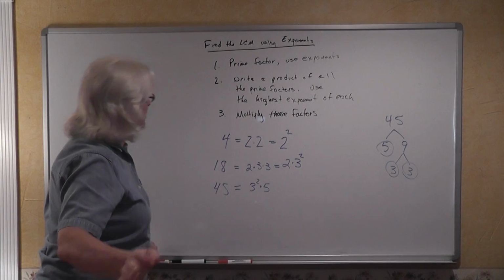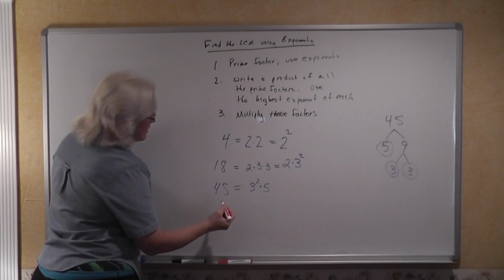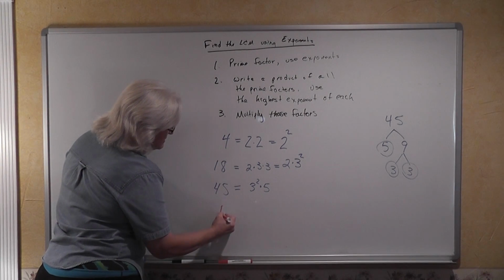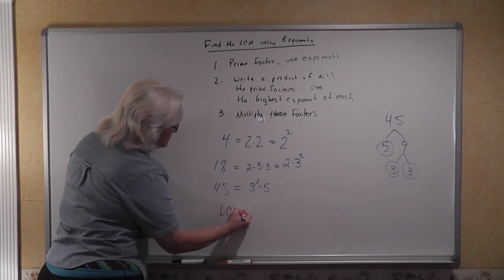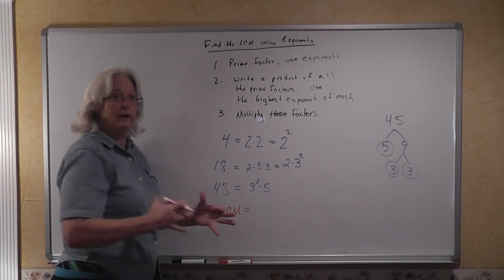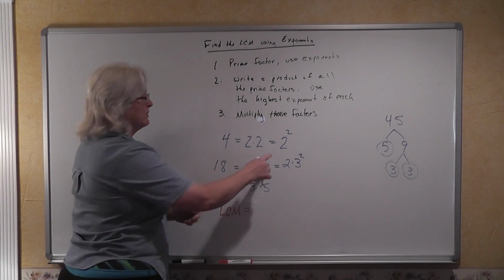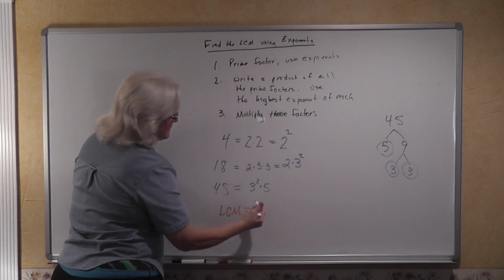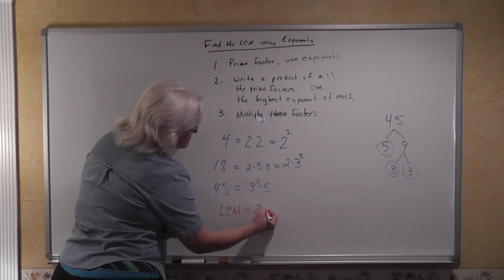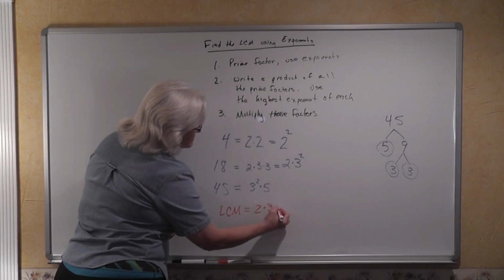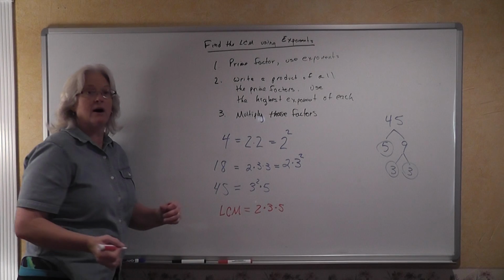Now we are told write a product of all of the prime numbers. So you're going to say that your least common multiple is, how many prime number factors are there? We have a 2 and a 3 and a 5. 2, and it has to be a product, times 3 times 5.